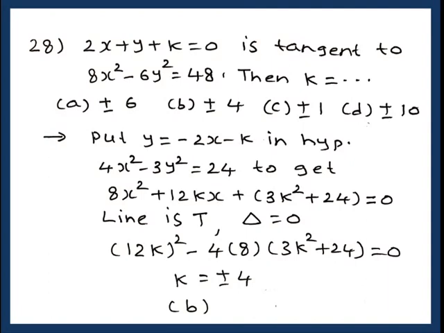Line is tangent, so the discriminant of this quadratic equation will be 0. Now discriminant is in terms of k, so that gives you on solving k equal to plus minus 4. So correct option is B. If you know the condition of tangency, then it is line y equal to mx plus c is tangent to hyperbola if c square equal to a square m square minus b square. You can use that.